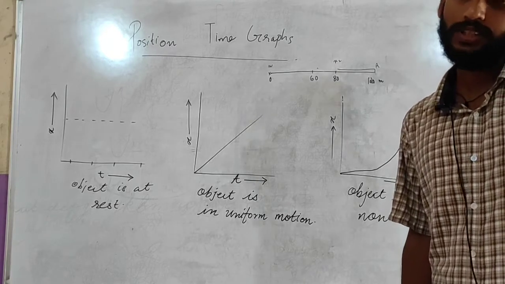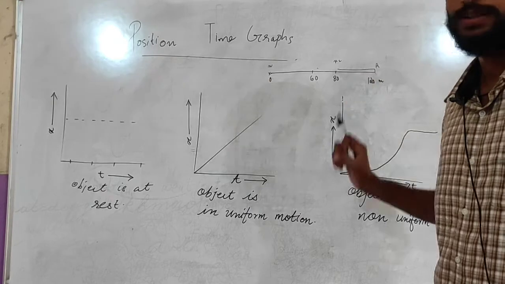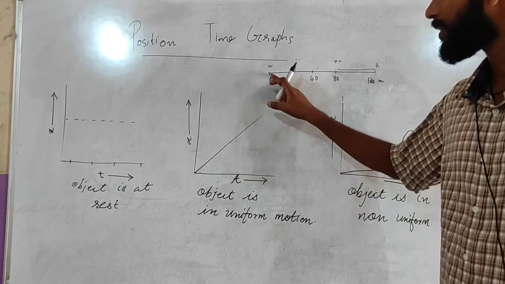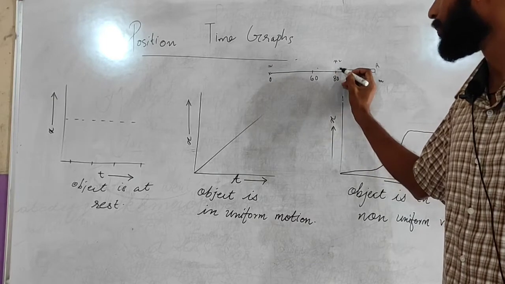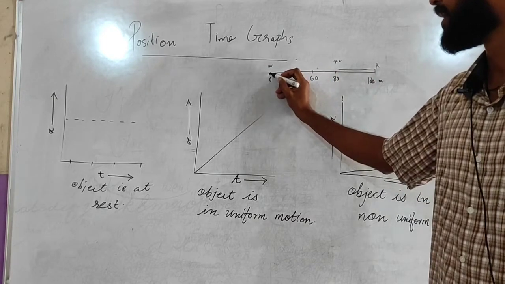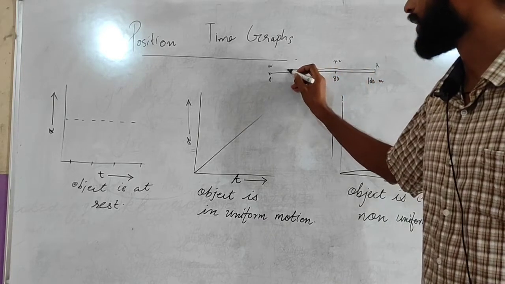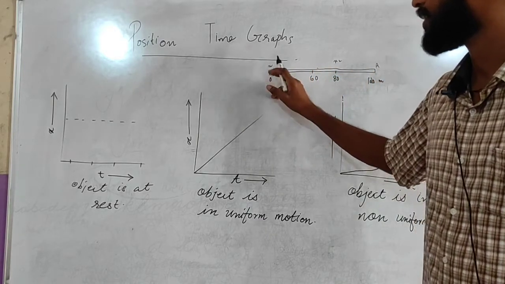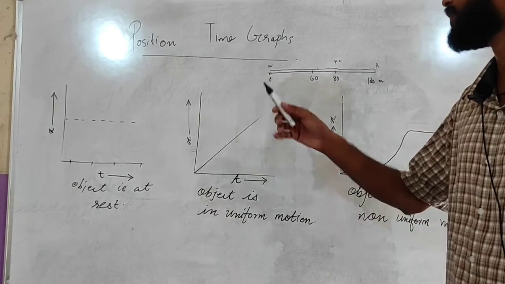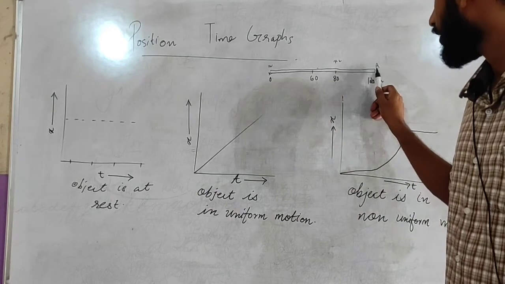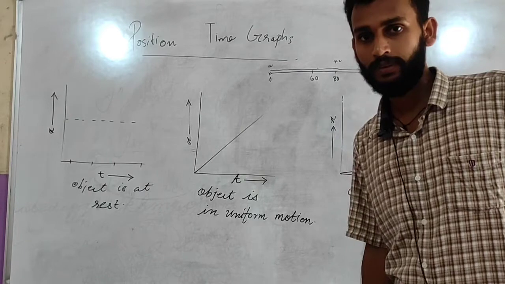So the difference between path length and the displacement. The major differences are, the path length cannot be 0, but the displacement can be 0. So suppose the body is starting its motion from 0 to 120 and again it is returning back to the same point, then the displacement will be 0, but the distance or the path length will be 120 plus 120, that will be 240 meters.